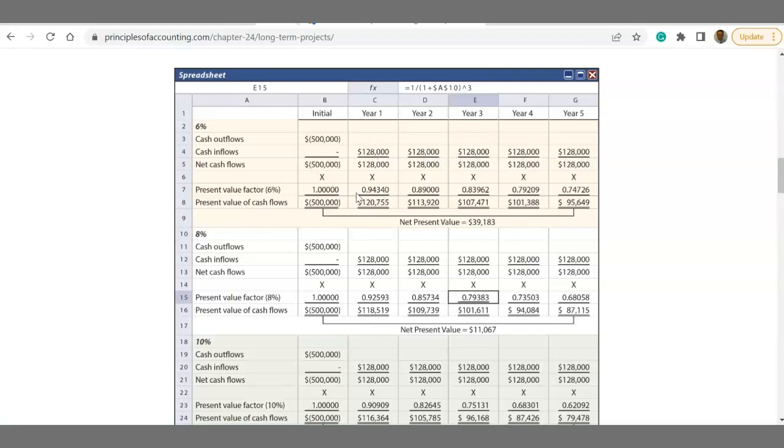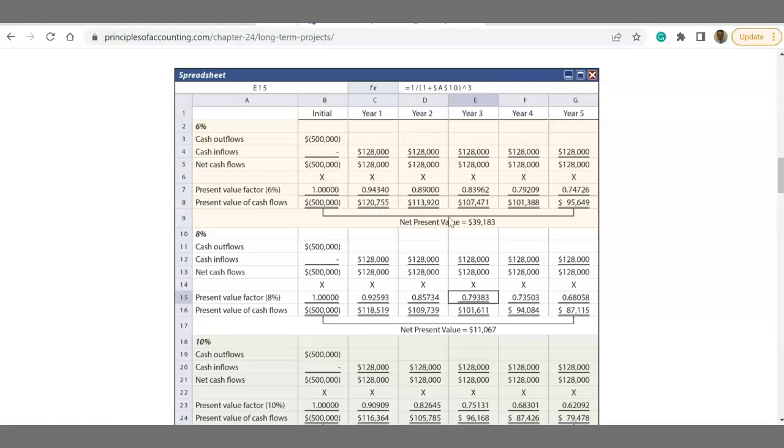Multiply that with the present value of $1 table, one lump sum, and based on I6 you can get those factors and then add them up. Get the cash flows here. If you add them up, minus 500, that gives you 39,000 net present value.